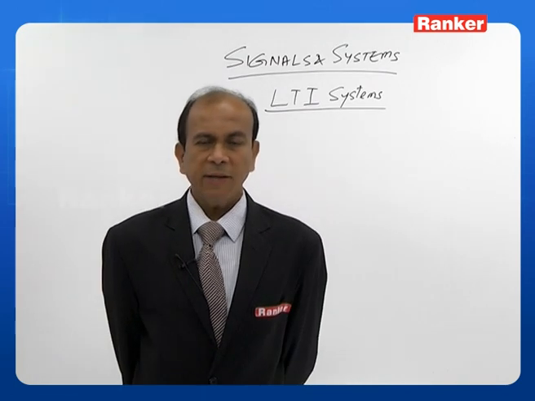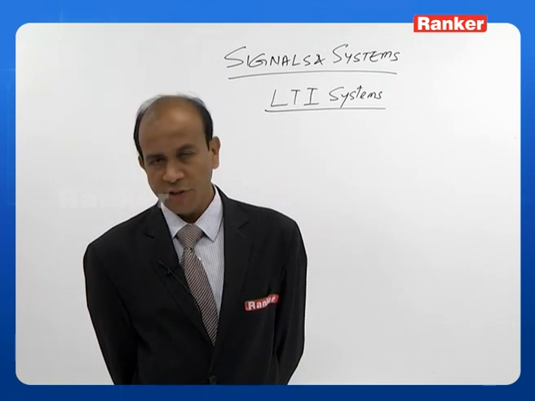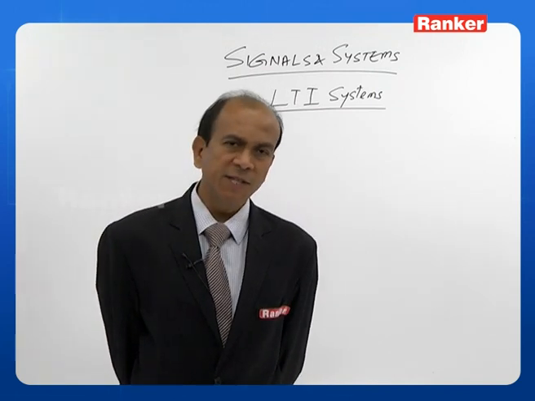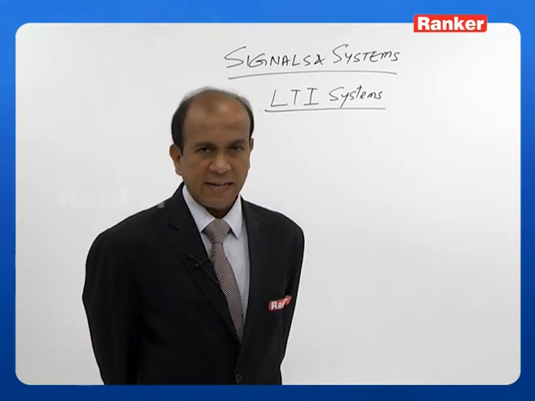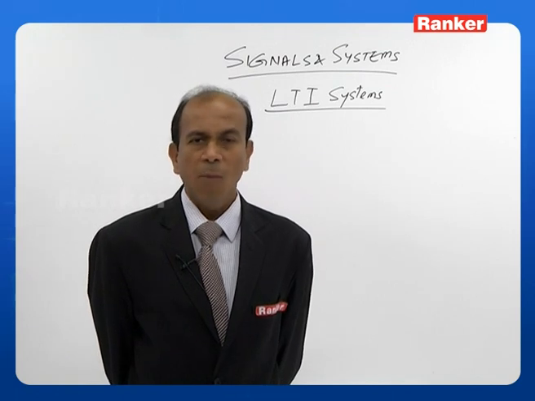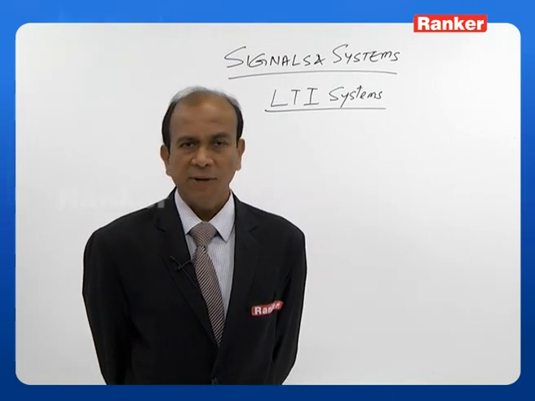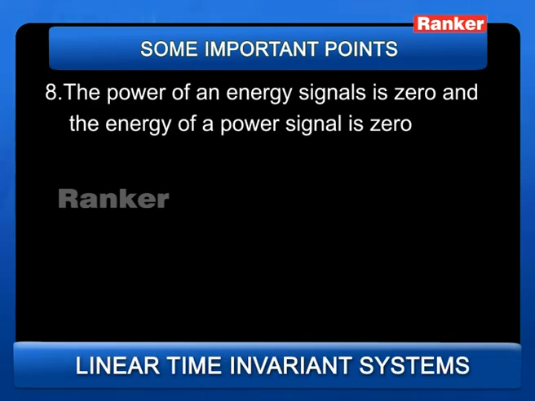If I have a power signal, what will its energy be? And if I look at energy signals, what is their likely power? As we have studied earlier, the eighth point puts this clearly. It says the power of an energy signal is 0 and the energy of a power signal is 0.